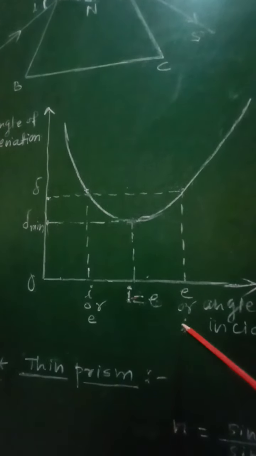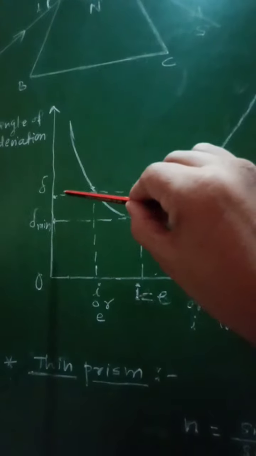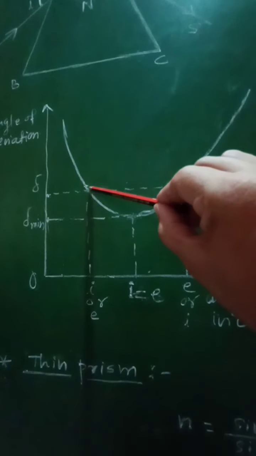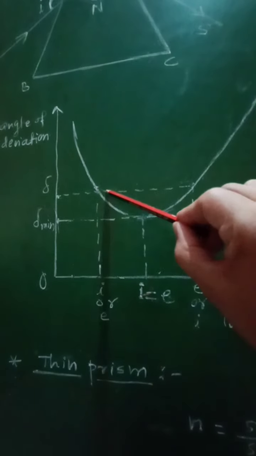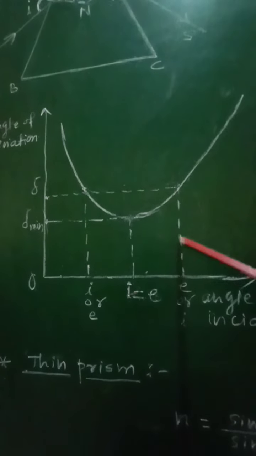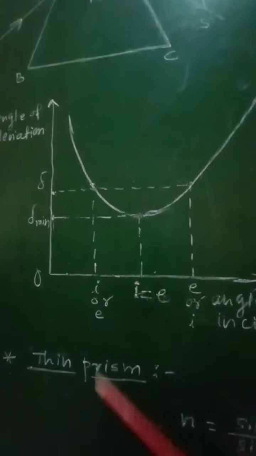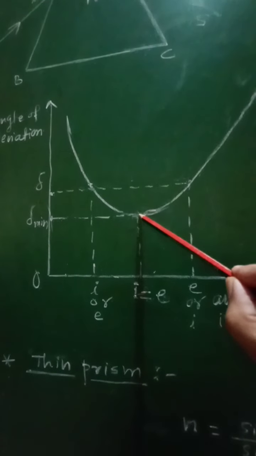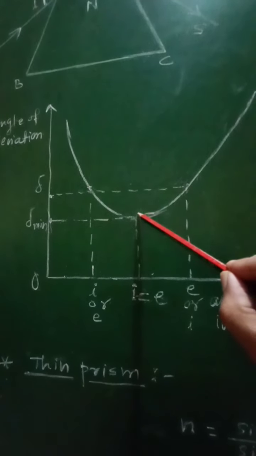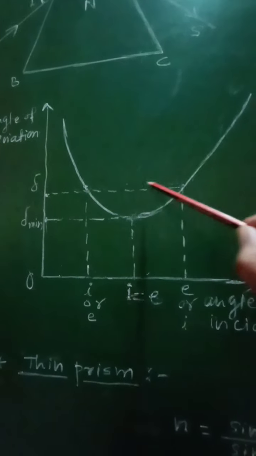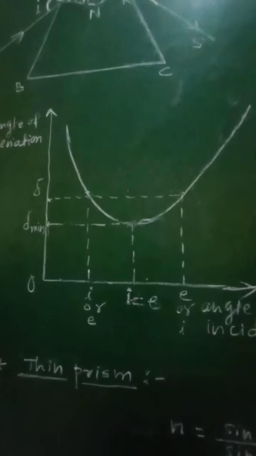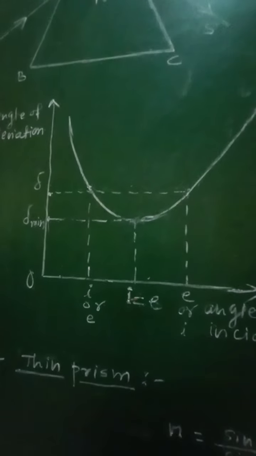Here E or I, that means for this angle of deviation delta, if this is I, then it will be E, or if it is E, then it will be I. So like this, except this value for delta M, for all other values of angle of deviation, there will be two values of angle of incidence or angle of emergence.